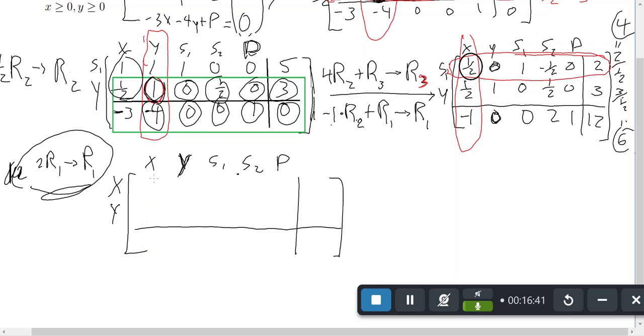That gives me a 1 here. 2 times 0 is 0. 2 times 1 is 2. 2 times -1/2 is -1. 2 times 0 is 0. 2 times 2 is 4. And everything else stays the same: 1/2, 1, 0, 1/2, 0, 3, -1, 0, 0, 2, 1, 12.